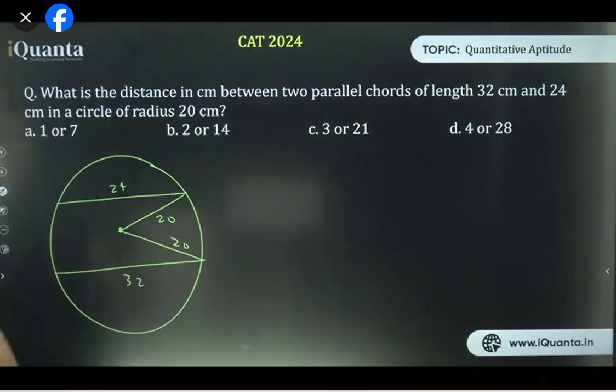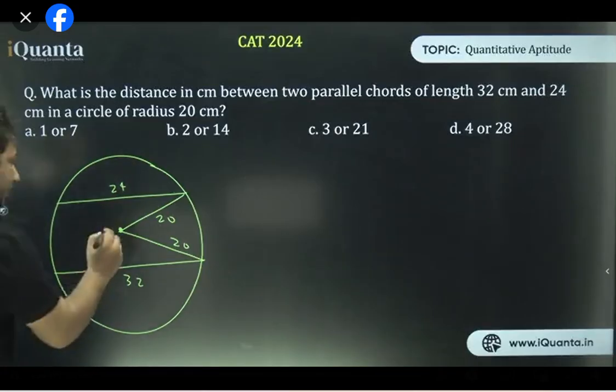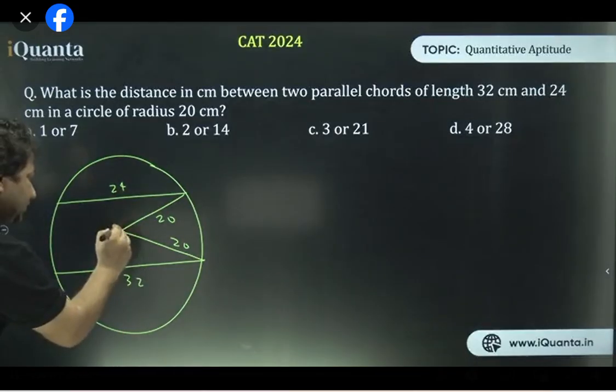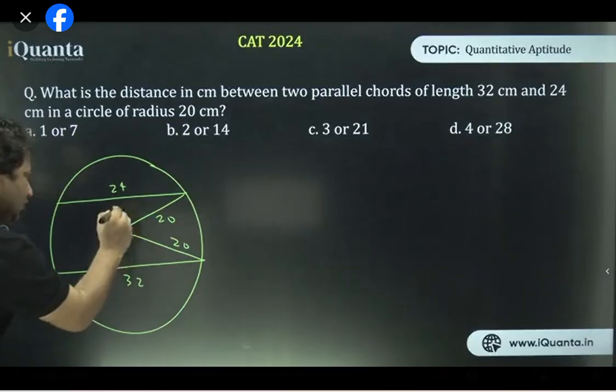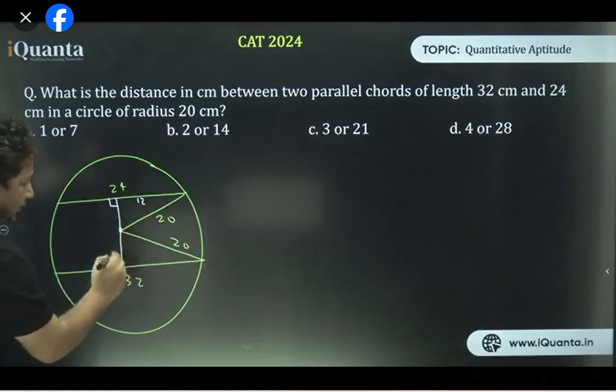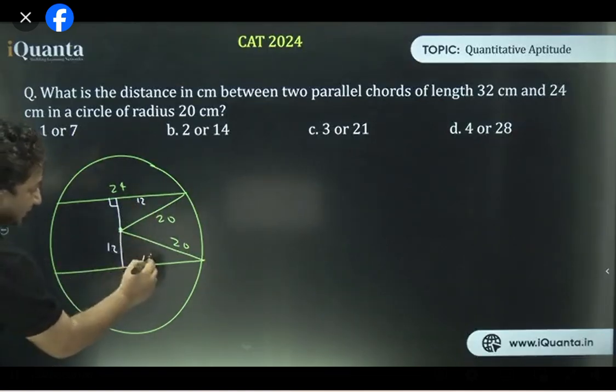What can be done? From the properties that we have just discussed, if I join the center to this chord, it will be perpendicular and will be a bisector. So this is 12, this is 20. Similarly, this is 12 and this is 16.